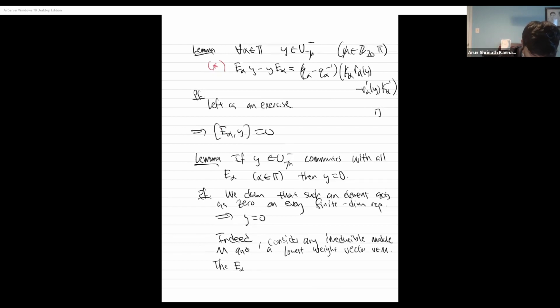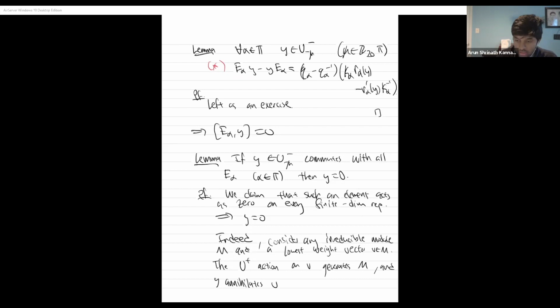So the U plus action of the e alphas on v generates M. And because y is in the negative piece, in U minus mu, y annihilates v.